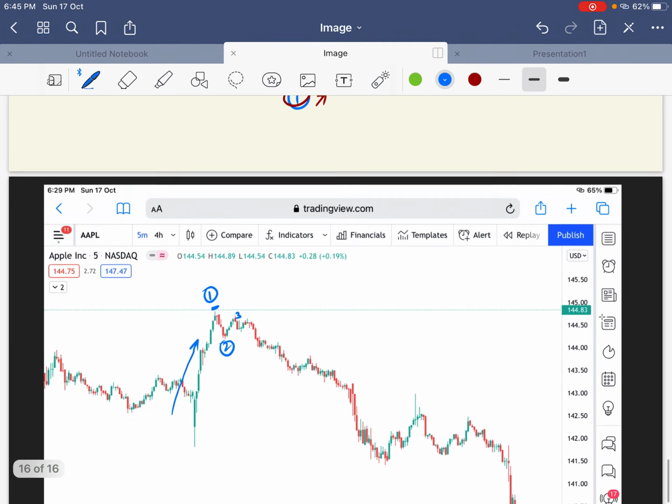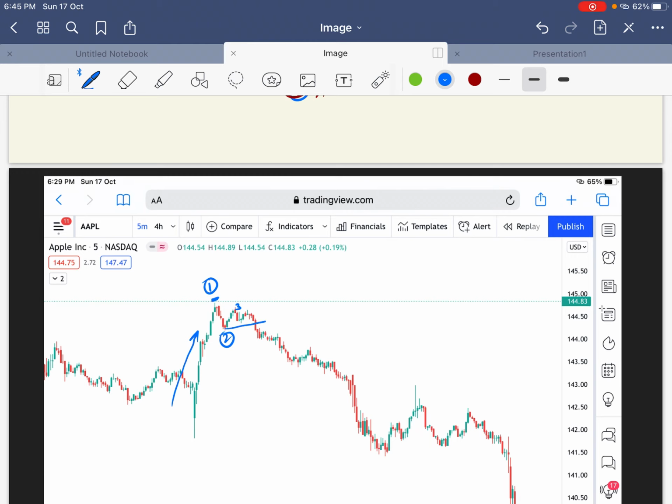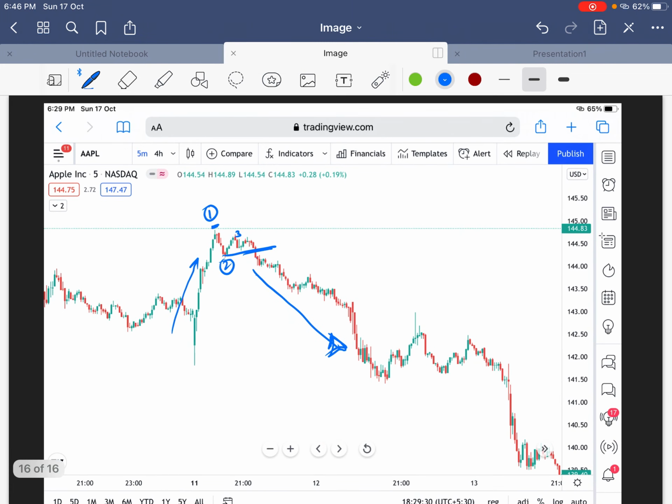After the breakout of 2, you can take entry, and this is a live example. I have taken the screenshot of yesterday's trading session. So you can see this is quite profitable and easy to understand.